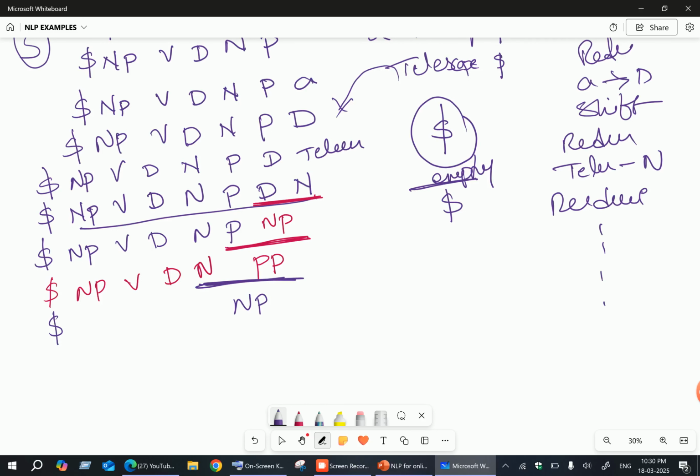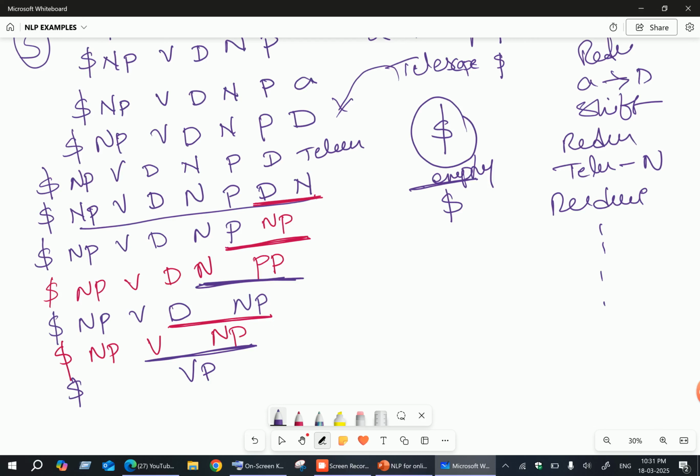Now the leftover is noun phrase, verb, determinant. Now you can reduce these two. Determinant and noun phrase, in your grammar, is a noun phrase, and the leftover V and NP and dollar.